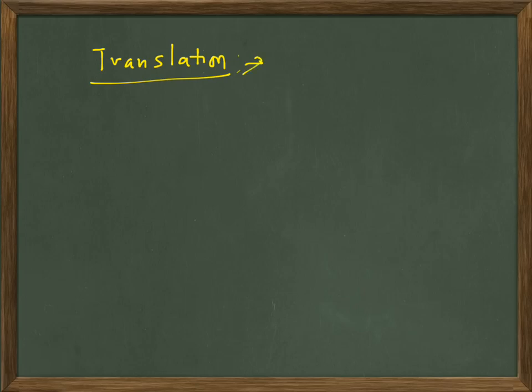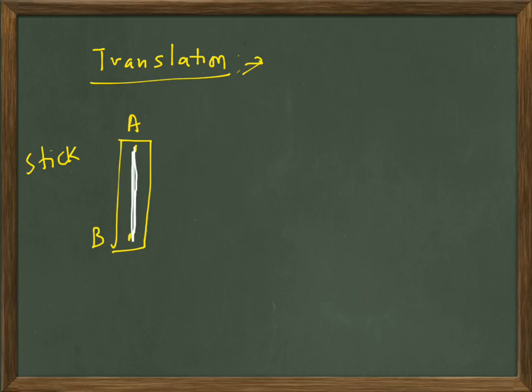So what is translation? Suppose I have certain object, maybe a stick. What I will do is I will choose two particles on the stick. Those two particles could be any two particles arbitrarily. I will choose one particle A, other particle B, and I will join these particles by a straight line like that.